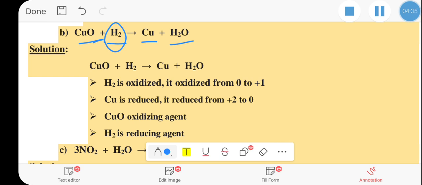Therefore, hydrogen is oxidized from 0 to plus 1. The oxidation number of copper in the product side is 0 because from plus 2 it reduced to 0.